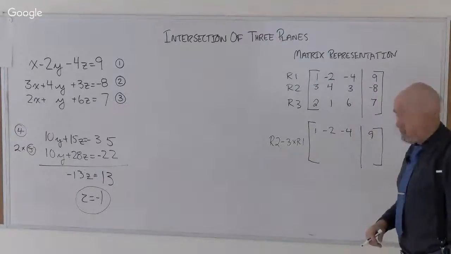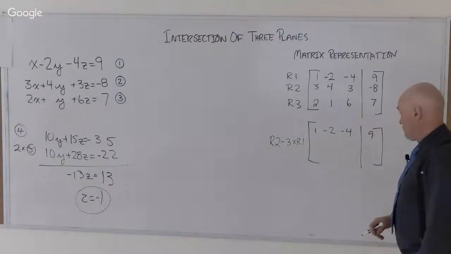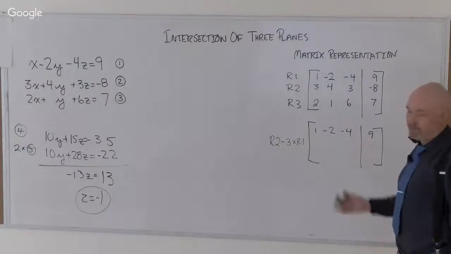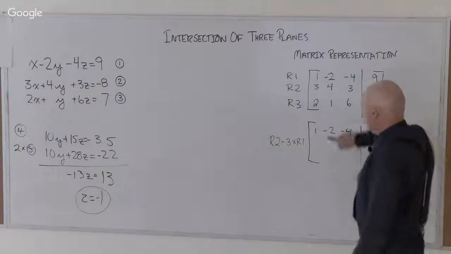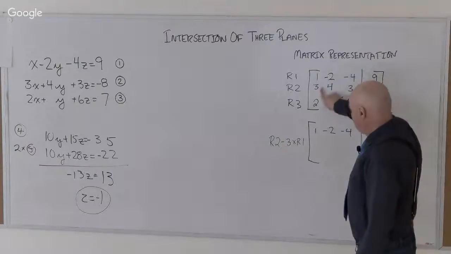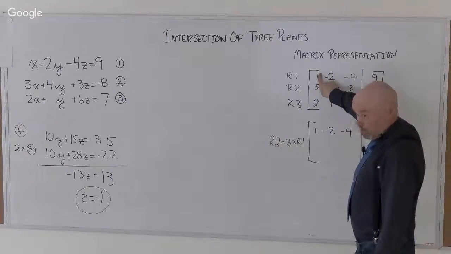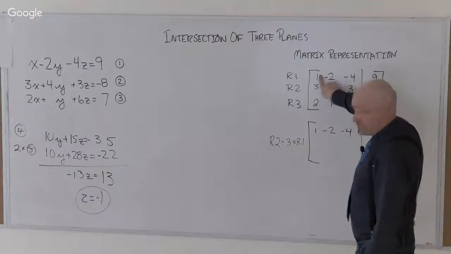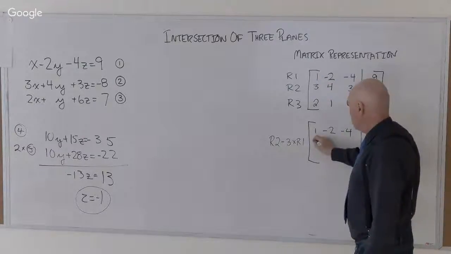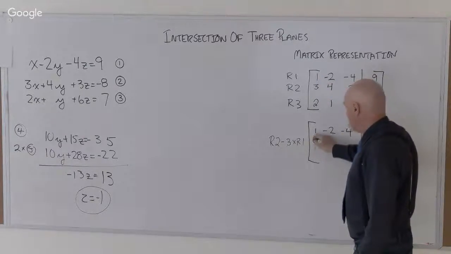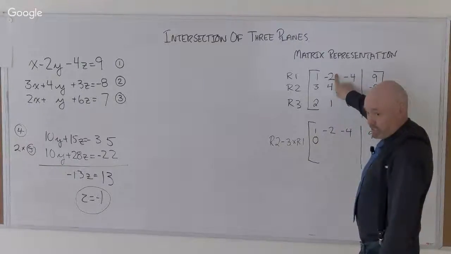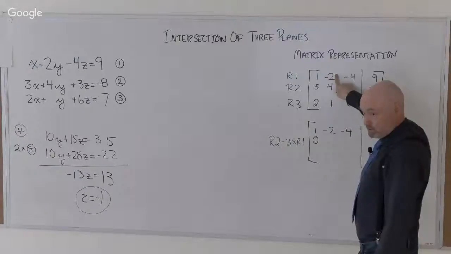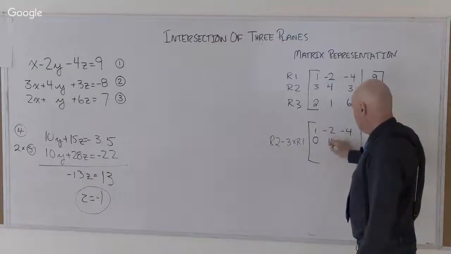I already don't like this. This looks terrible. No, it's not that bad. It's just the same thing. Oh, I get what's going on. Okay. I'm going to take row 2 and subtract 3 times row 1. So 3 minus 3 times 1 is 0. 4 minus 3 times -2 is 4 plus 6, 10.